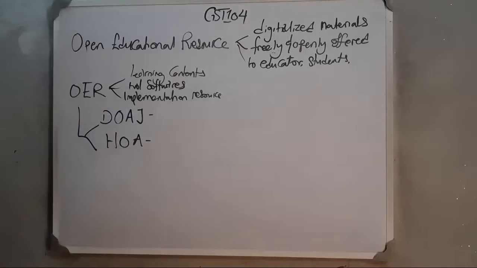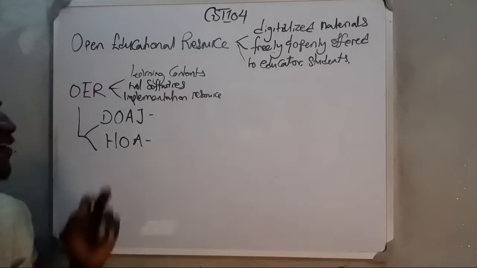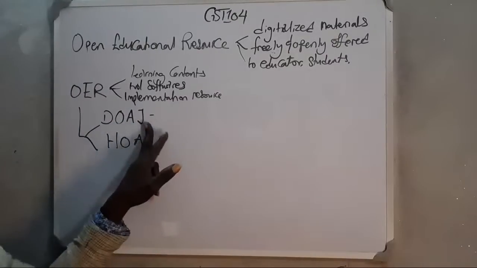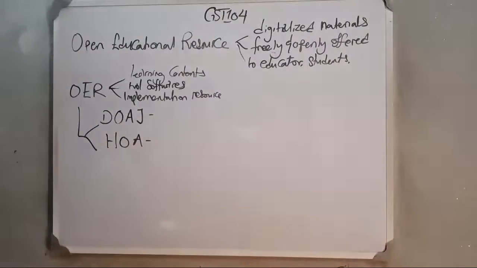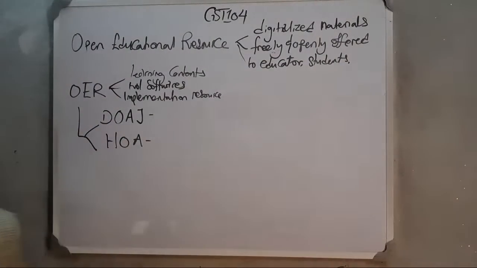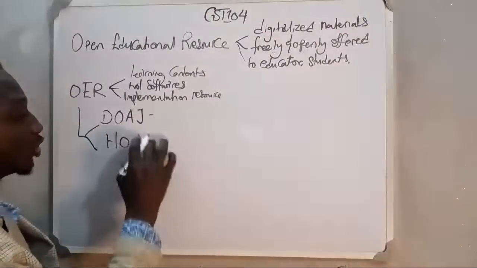Let's categorize OER into two. We have the delayed open access journal, that's the DOAJ, and we have the hybrid open access journal.